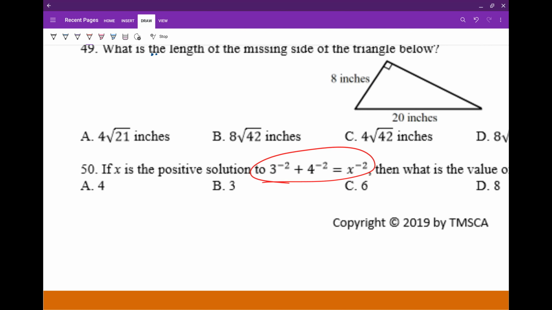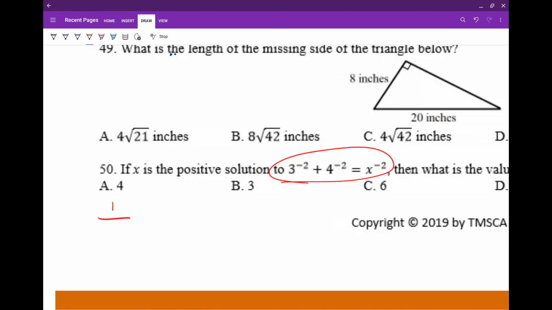So 3 to the negative second power, these are exponent rules. You can look at the playlist or test 1 where I discussed this more in detail. It's going to be 1 over 3, all of that squared, plus 1 over 4, all of that squared, equals 1 over x, all of that squared.